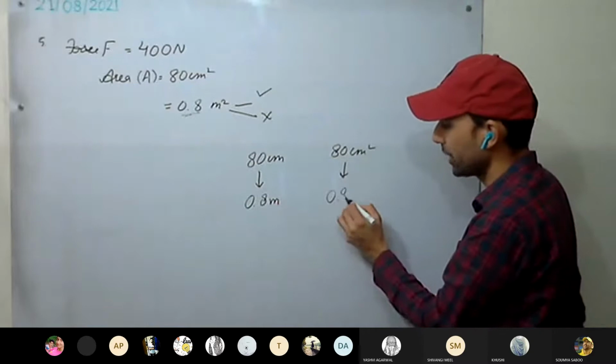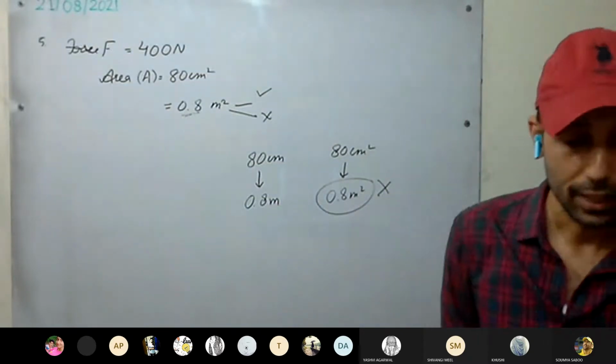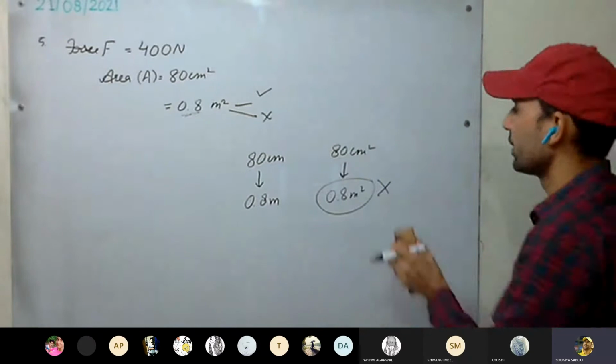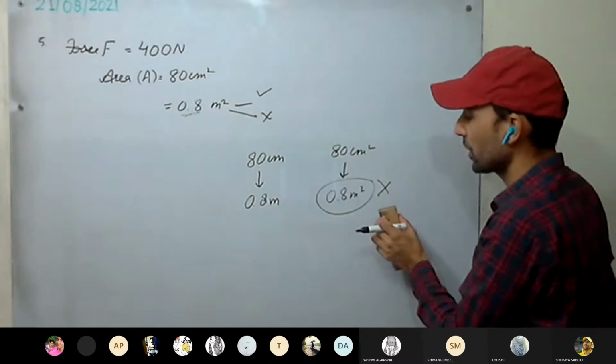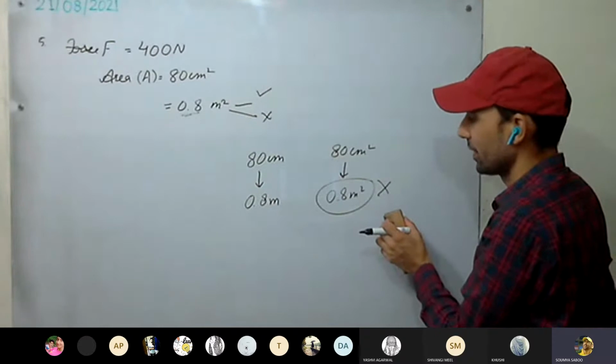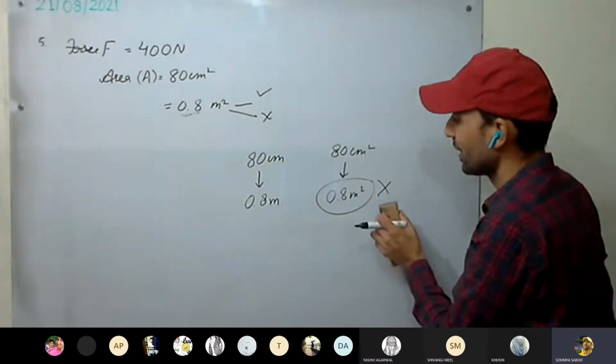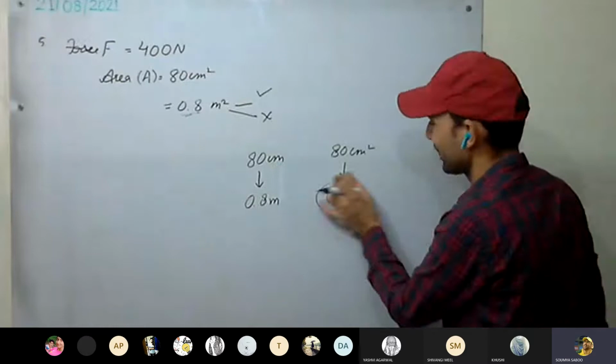Here, if you write 0.8 meter square, it's wrong. See here how it's wrong.